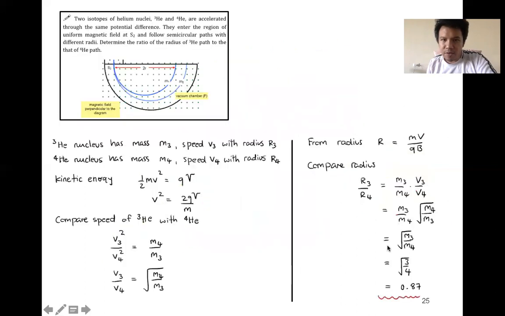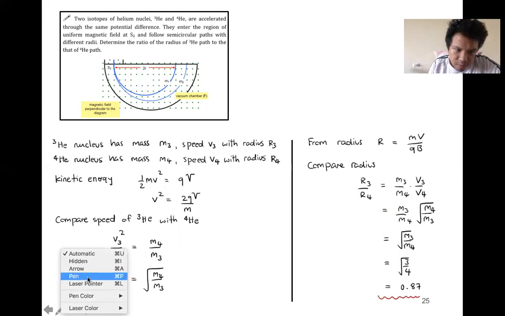As a result, we have v squared is 2qV over m, and then we write down this relation to compare the speed of helium-3 with helium-4, because we see that v squared and m are inversely proportional.